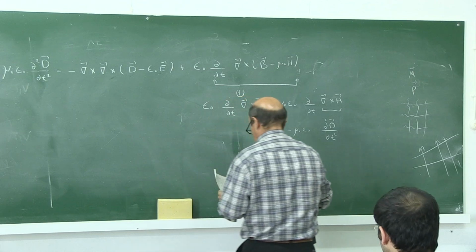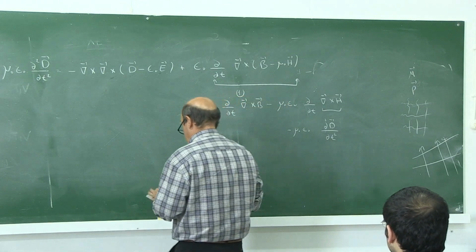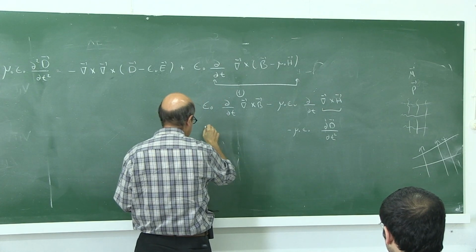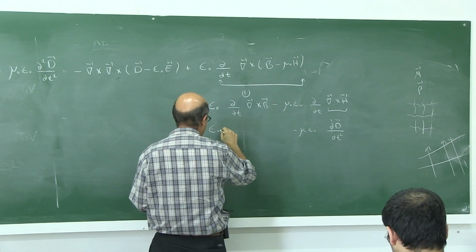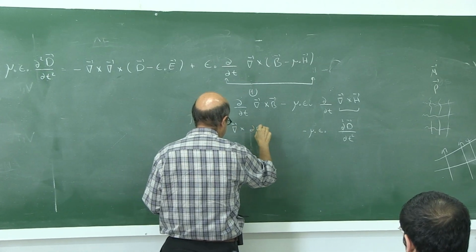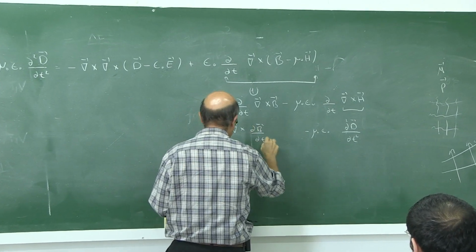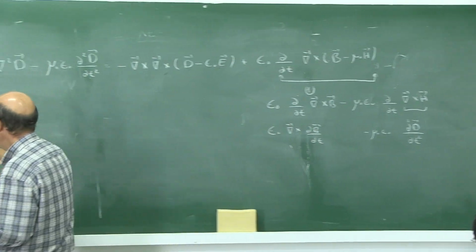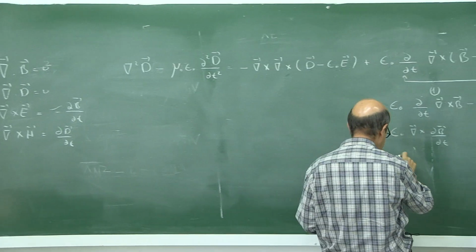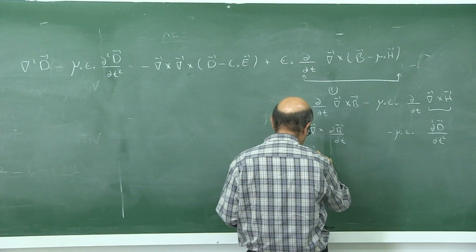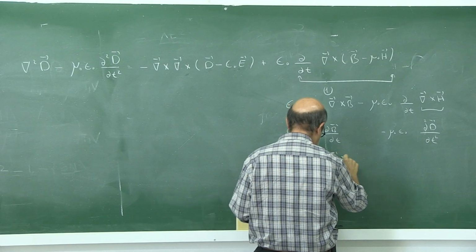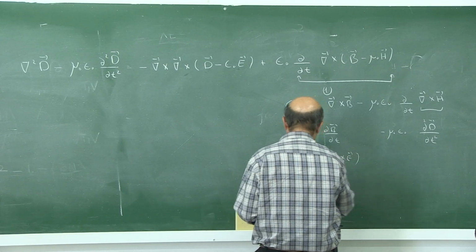So let us study the other terms. The other term could be written as epsilon 0 curl of del B over del t. Del B over del t is minus curl of E. So that term is nothing but epsilon 0 curl of E with a minus sign.